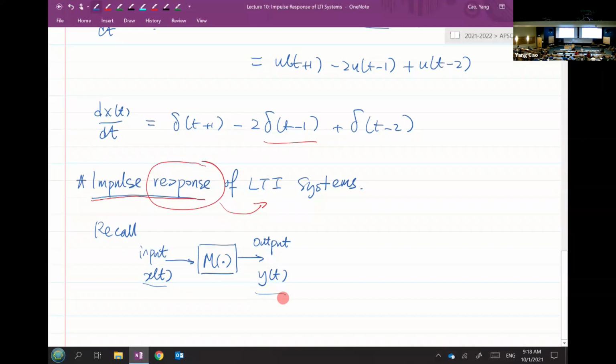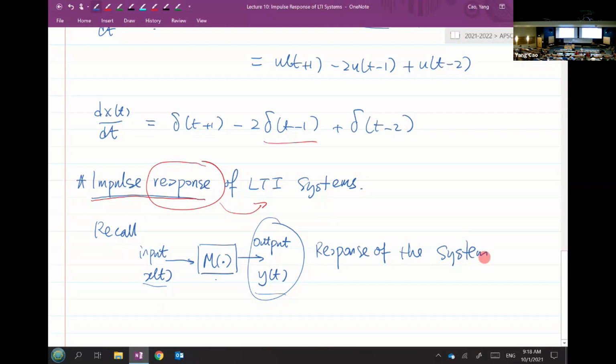Those things are all general. But of course, the only thing that's fixed is this box here. If you have a system specified, then this is fixed. The right side here, we can also call the response of the system.